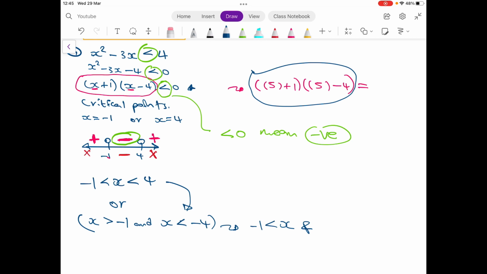But suppose some would actually write it like this in full. Negative 1 is less than x, and x is less than negative 4. I don't know if that makes that much sense, but that's how they would usually write it. Looking at it, I'm like, what are these guys trying to say?